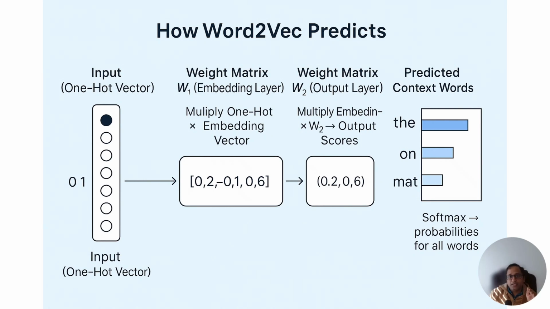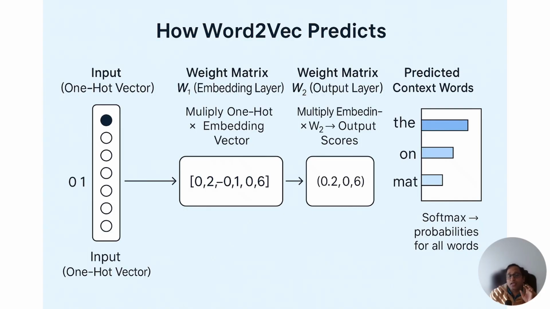Next, the embedding is passed through another matrix, W2, which produces a score for every word in the vocabulary. After applying the softmax function, those scores become probabilities. Finally, we get predictions like the 0.28, on 0.21, mat 0.18, and so on.